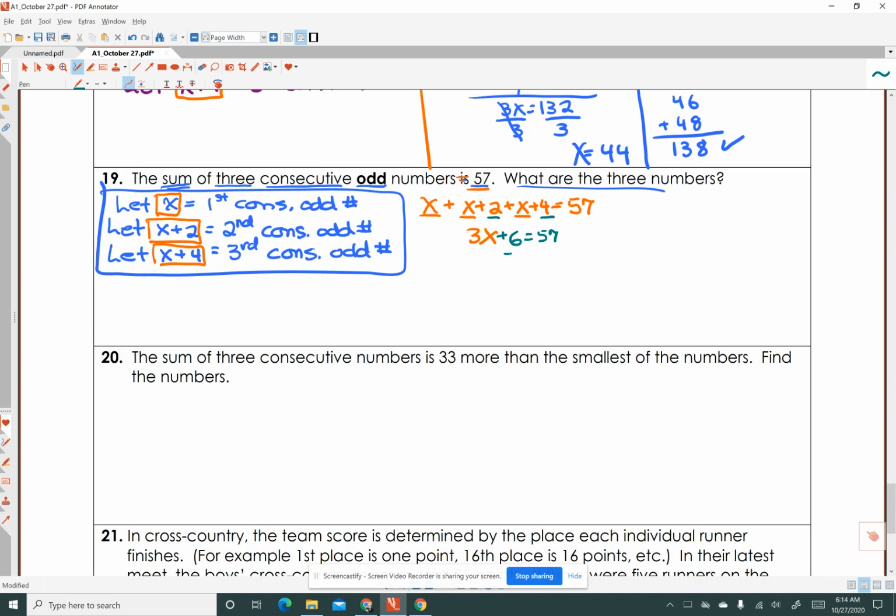Let's subtract 6 from both sides. 3X equals 51. Divide by 3, x equals 17. So 17 is our first consecutive odd number, then 19, and then 21. If we add those up, we will have 57, and our answer checks.